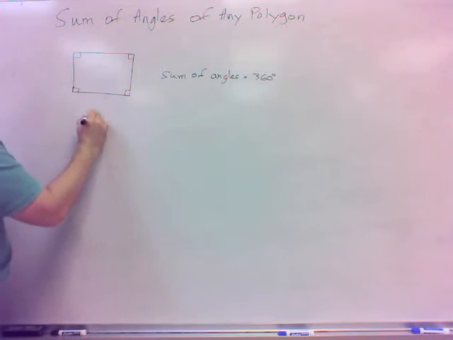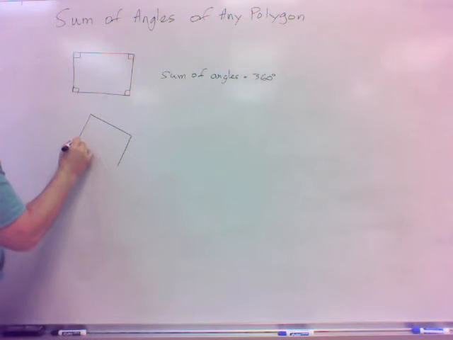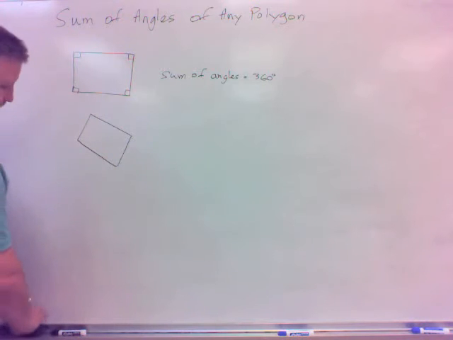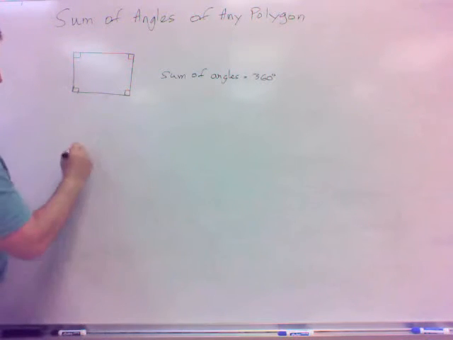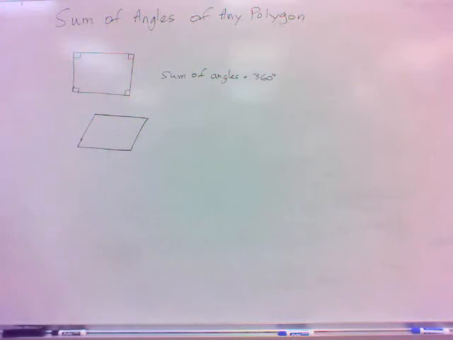Okay. What if it's, though, not a rectangle? Let's draw a parallelogram. What if it's some other quadrilateral? Say a parallelogram or a kite or something like that.